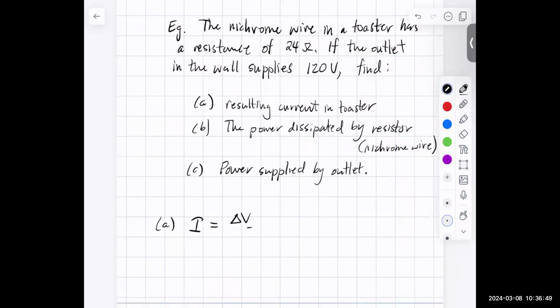Voltage, delta V divided by resistance. So it's 120 volts divided by the 24 ohms, and that turns out to be 5 amps. 100 divided by 20 is 5, and then 20 divided by 4 is also 5. Yeah, that makes sense.